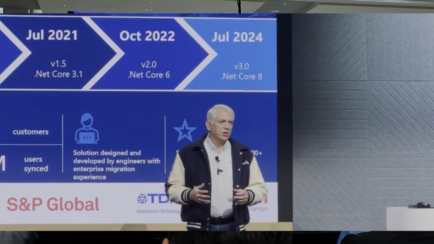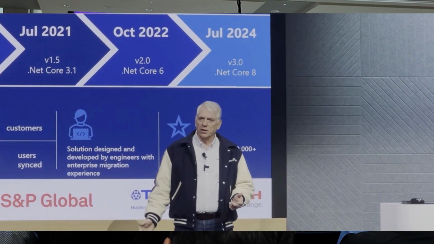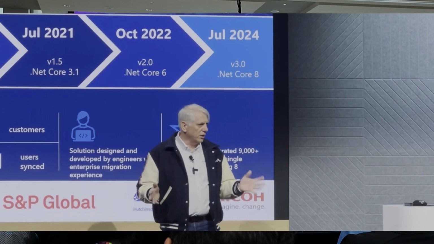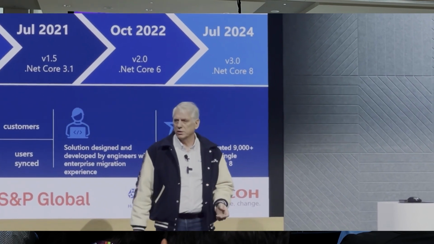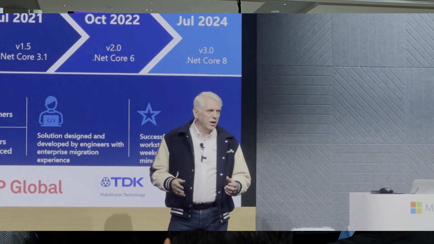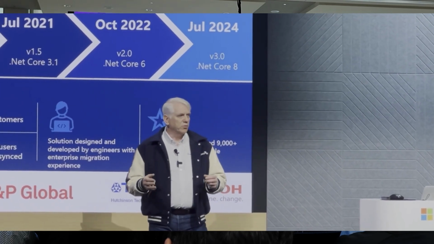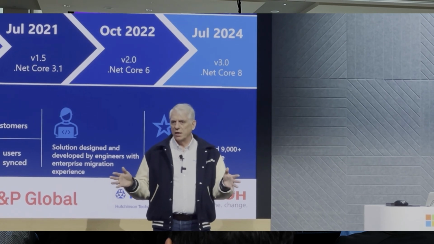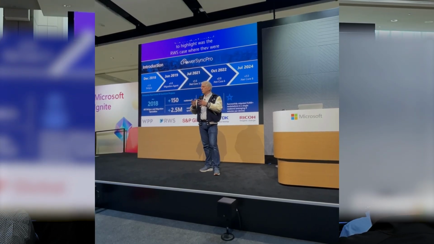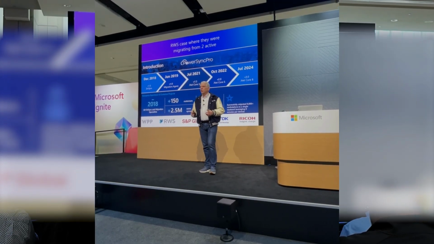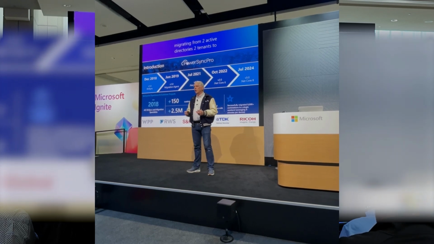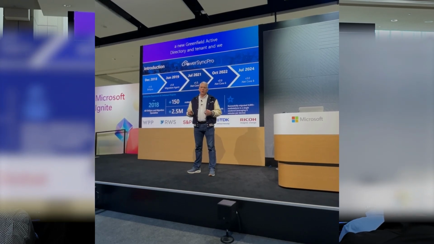Since then, we've been using the product at different organizations like Standard & Poor's, RWS, and other larger organizations, as well as smaller ones. But one that I wanted to highlight was the RWS case, where they were migrating from 2 Active Directories, 2 tenants, to a new greenfield Active Directory and tenant. And we took all 9,000 machines over in the weekend of migration.